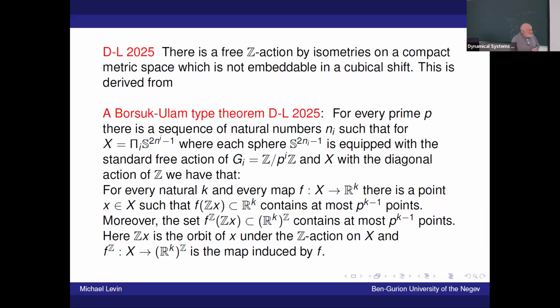But how special is R^k? Can you replace R^k? It's not special. Not special. That's simplified. More basically, in the paper I give a more general formulation of this. Okay.